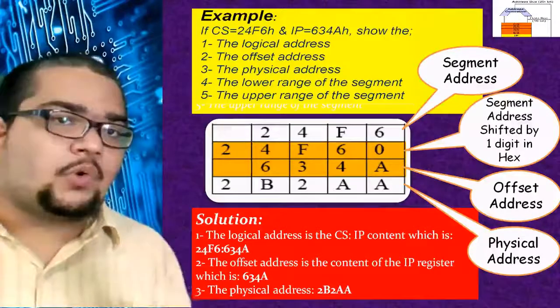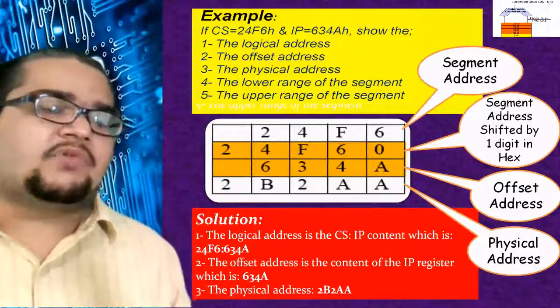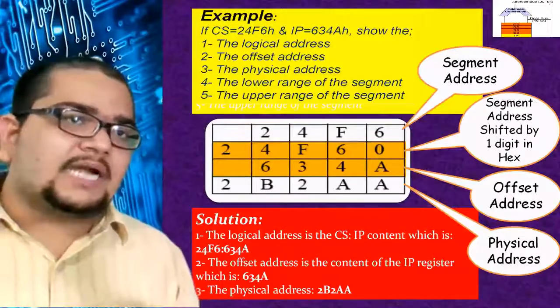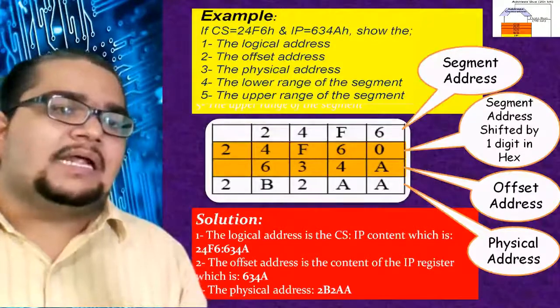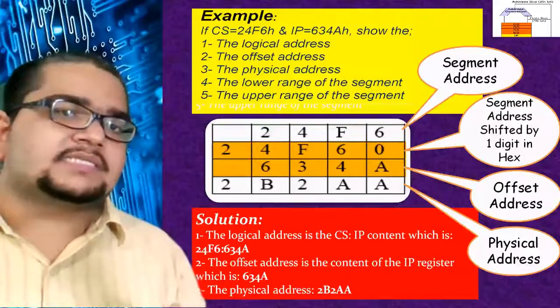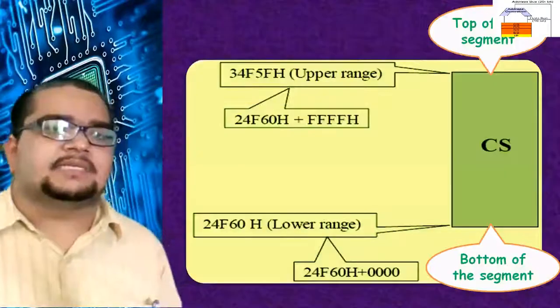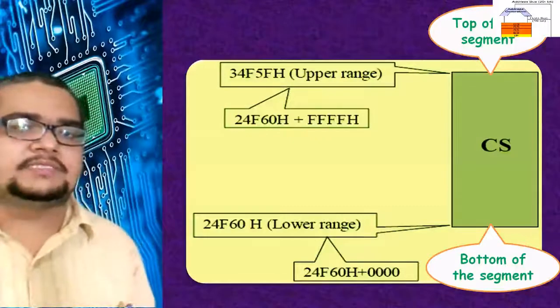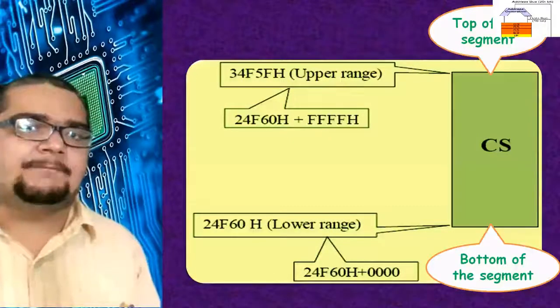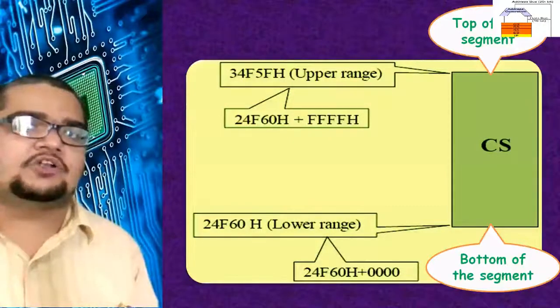In this example, what is the starting address of the code segment and the ending address of the code segment is what is asked in points 4 and 5. Lower range is this, the bottom of the segment, and upper range is this plus this, the top of the segment.